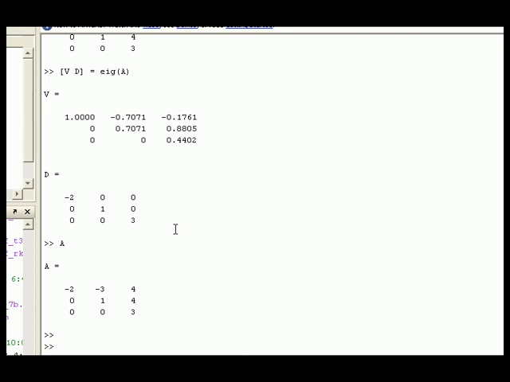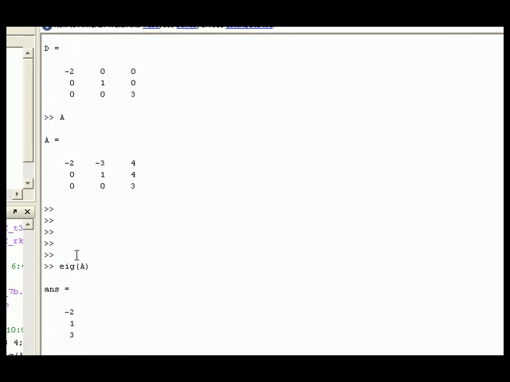And so with MATLAB, I just say eig of A, and it gives me the eigenvalues, which are minus 2, 1, and 3. Well, actually, that's obvious since this is upper triangular.